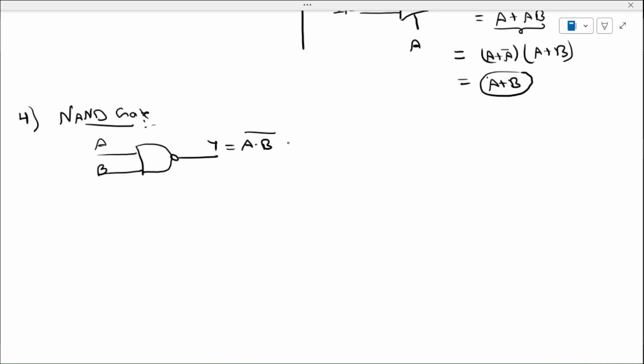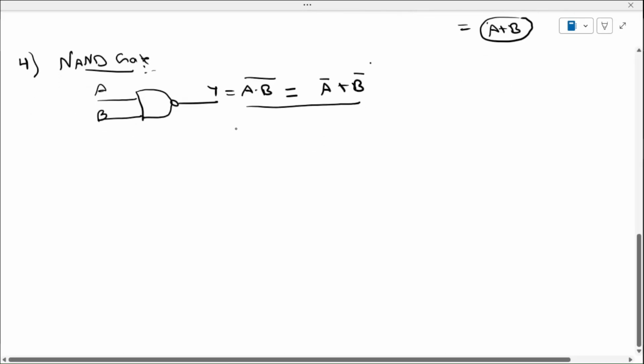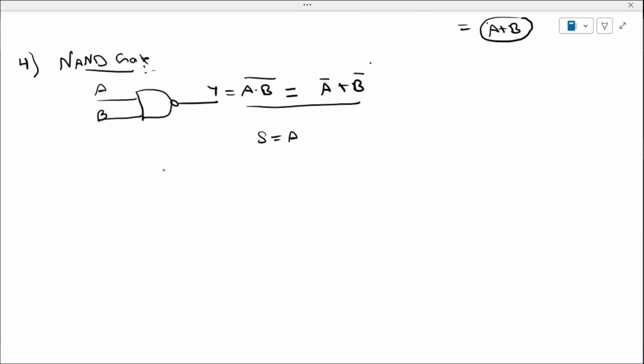By Boolean logic, we know that this can be written as A bar plus B bar. This equation we have to implement by using a 2:1 multiplexer. So firstly, we will select a variable as a select line. Suppose A is my select line.